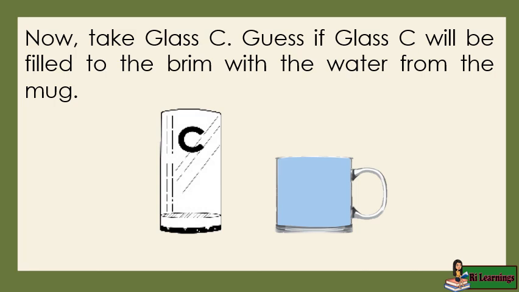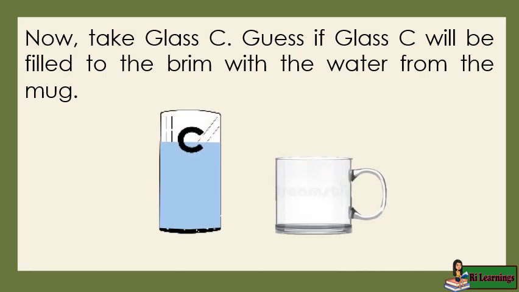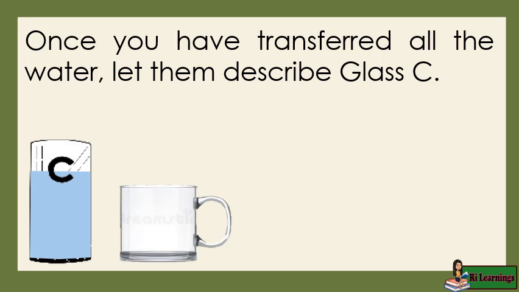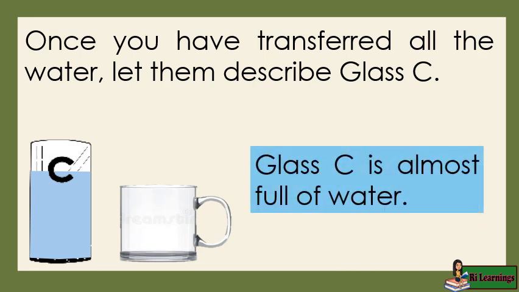Now, take glass C. Guess if glass C will be filled to the brim with the water from the mug. Once you have transferred all the water, describe glass C. Glass C is almost full of water.